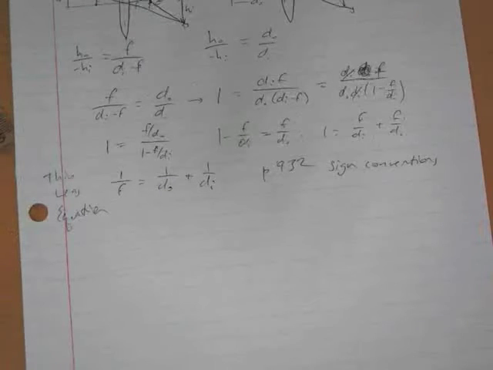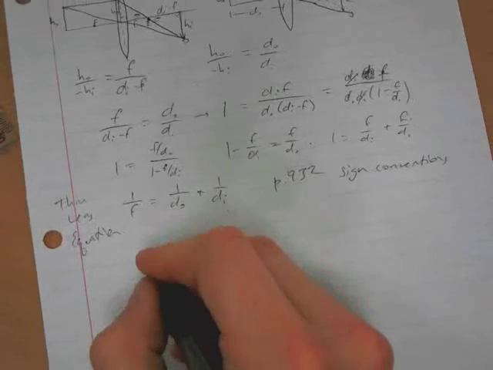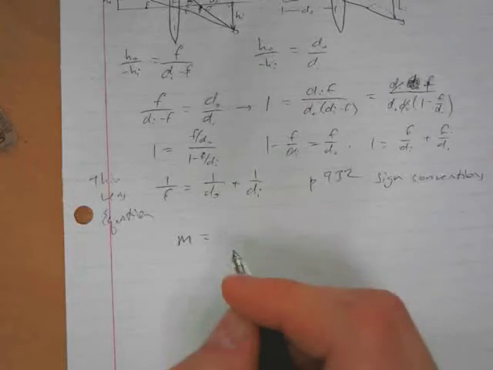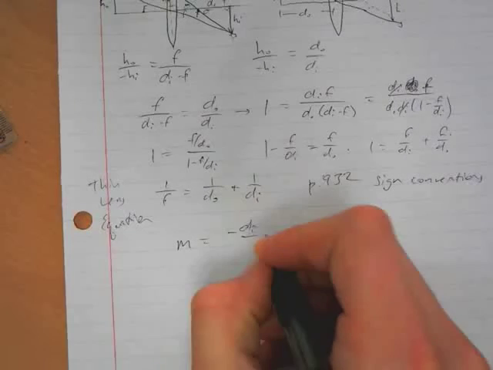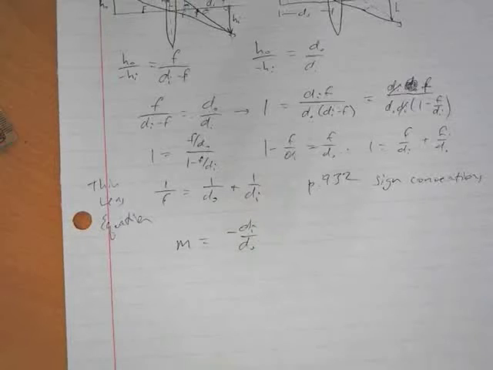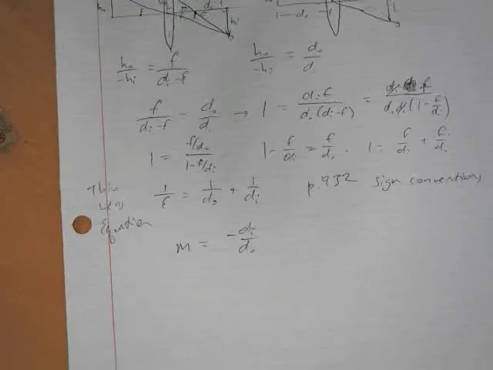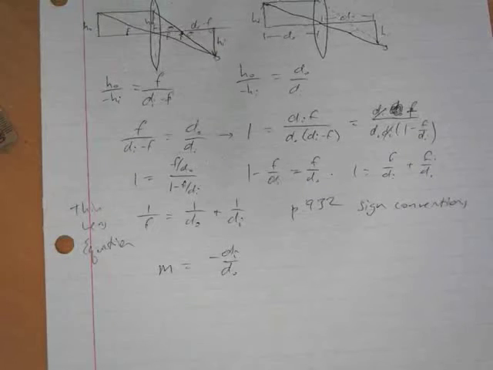The magnification for a lens is also defined the same way it was for a mirror: minus di over do. So that's everything for lenses, and it's very similar to the equations that we had for mirrors.